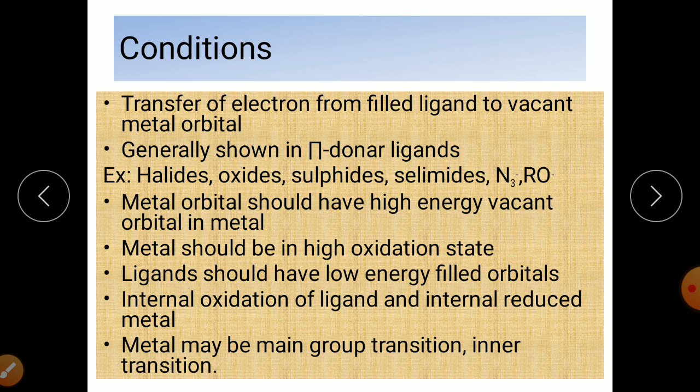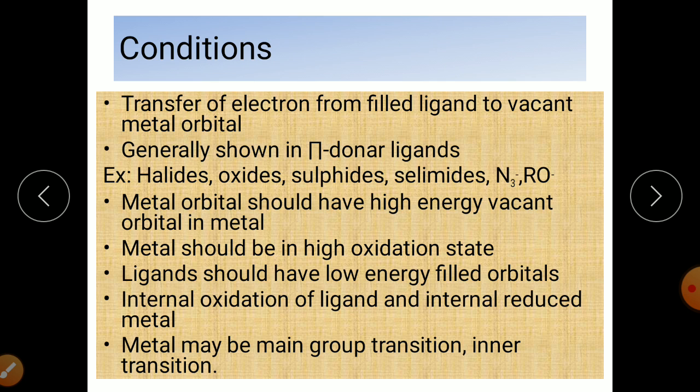In that case, the electron moves from ligand to the metal. Generally the ligands are pi donor ligands, for example halides, oxides, sulfides, selenides, N3 minus, RO minus.